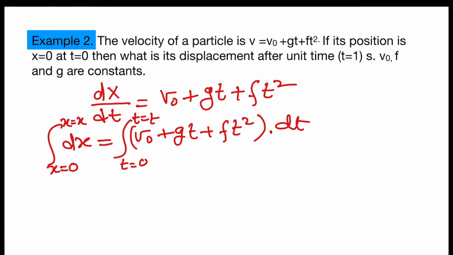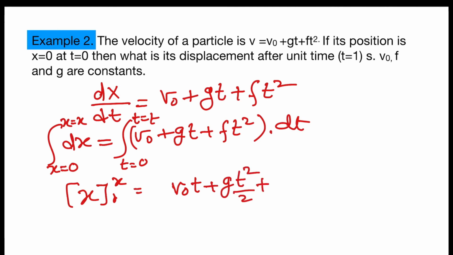So x will go from 0 to x, and the integration of this is v0t plus gt square by 2 plus ft cube by 3, with limits 0 to t.